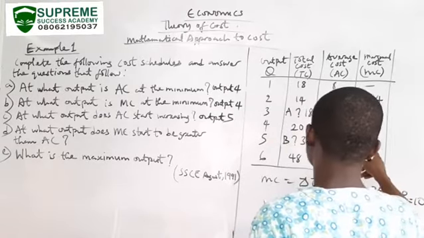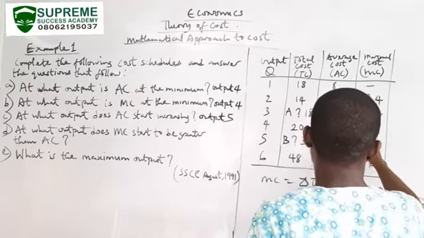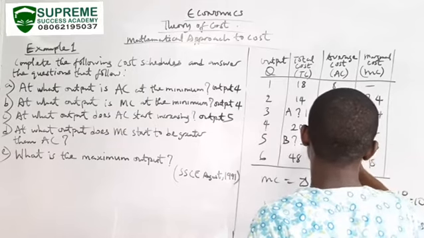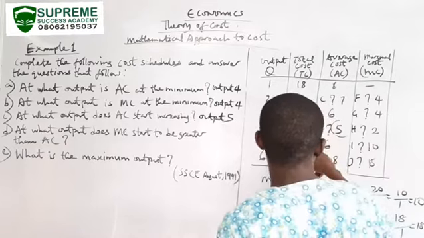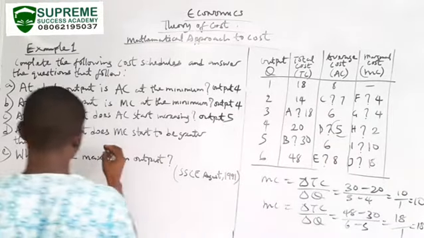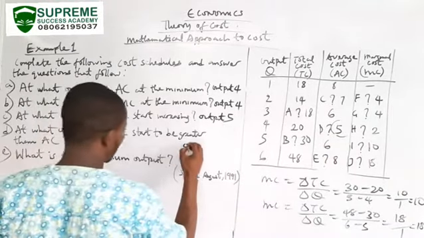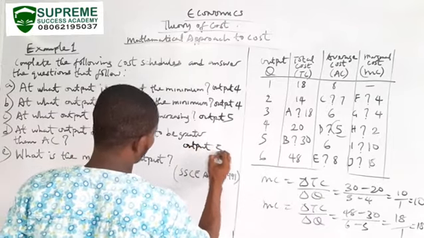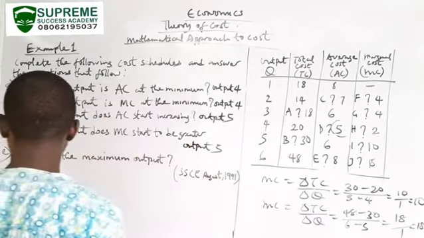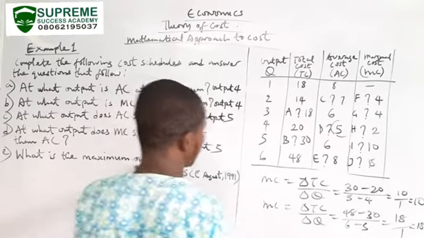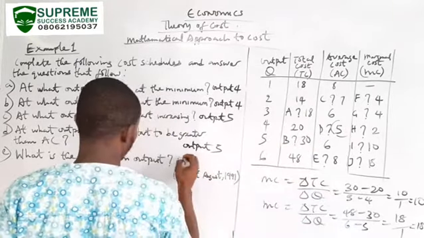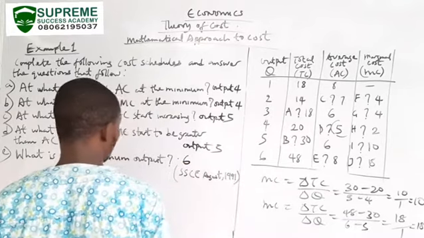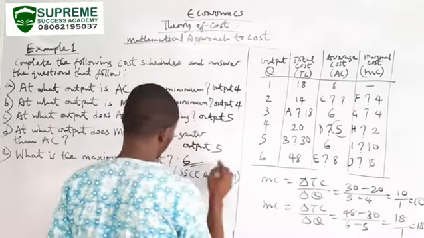What this means is that marginal cost is still less than average cost, and marginal cost is greater than it at output 5. So the answer is output 5. And the last one, what is the maximum output here? The maximum output is 6.